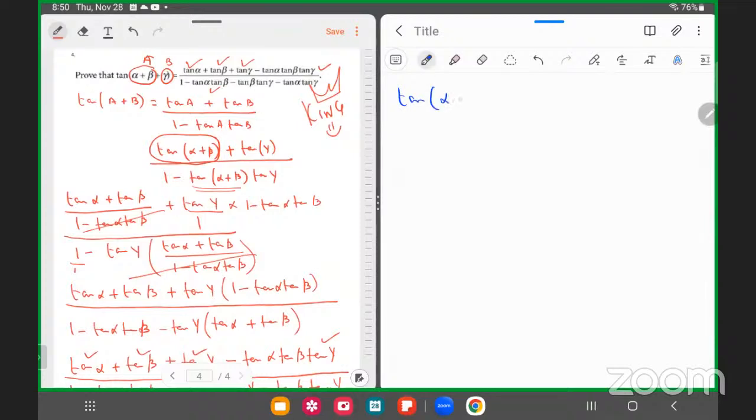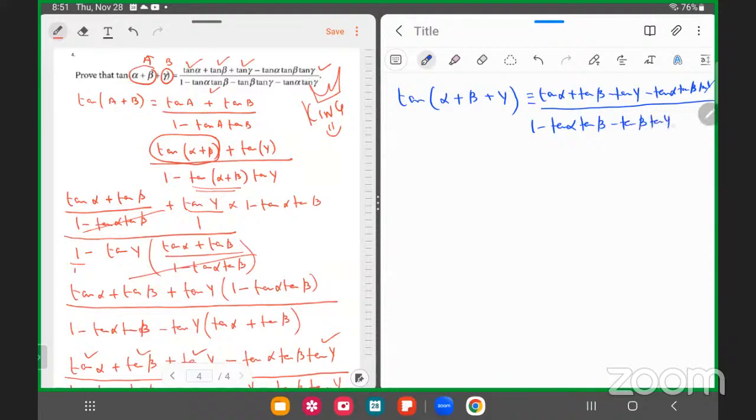Tan(alpha + beta + y) is identical to tan alpha plus tan beta plus tan y minus tan alpha tan beta tan y upon 1 minus tan alpha tan beta minus tan beta tan y minus tan alpha tan y.